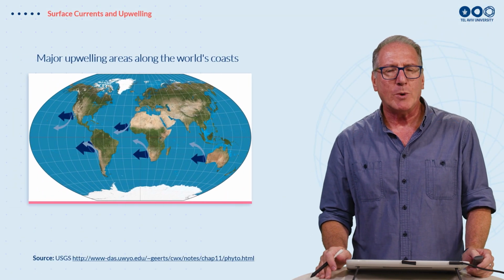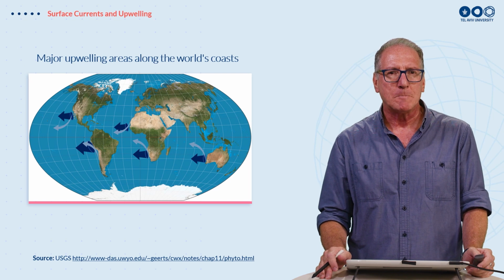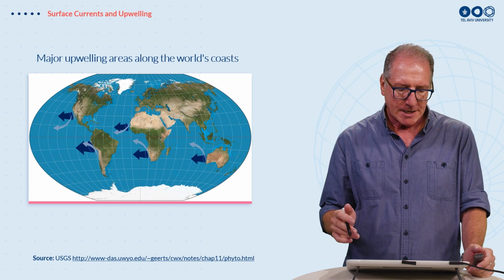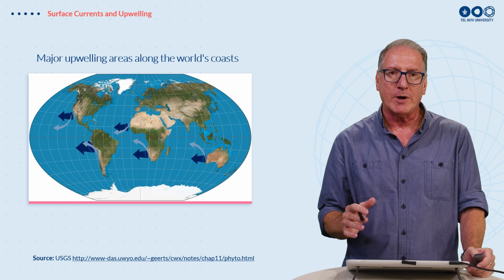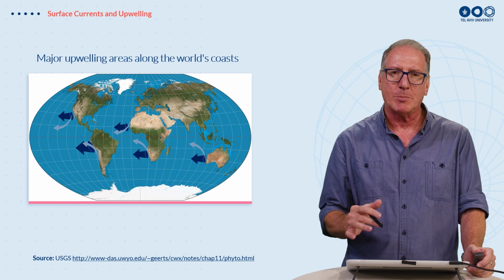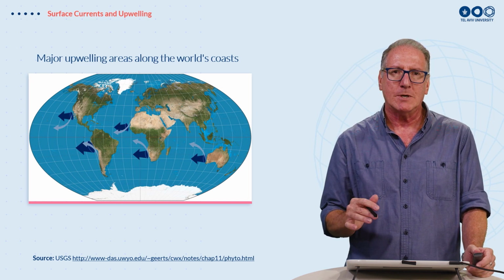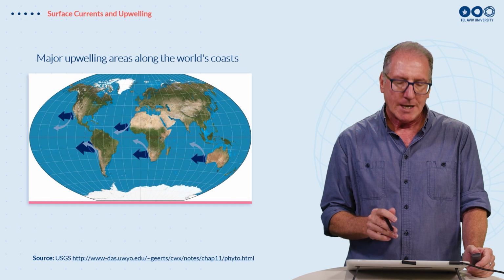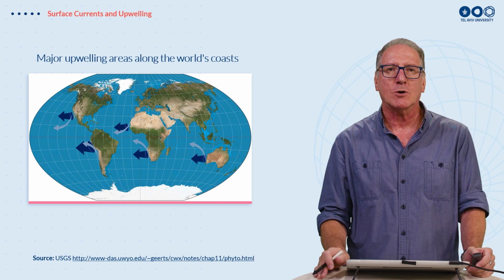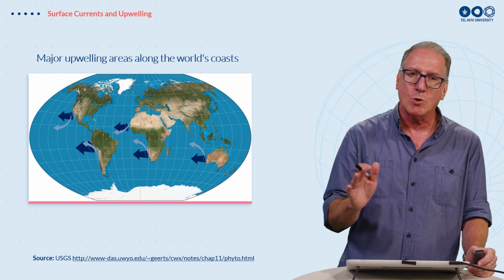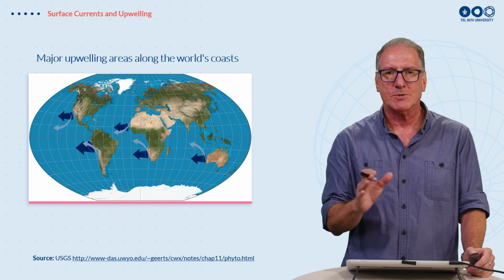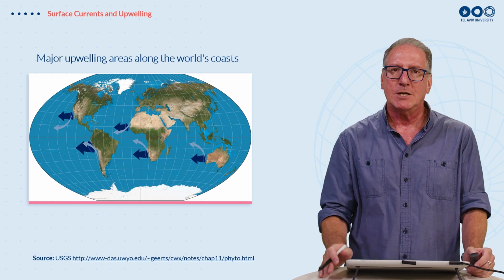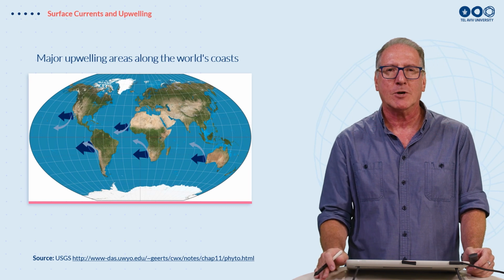So if we look globally at where we have these areas of upwelling, you can see here that, again, the winds are shown in the gray arrows. So in the tropical areas, we have the trade winds shown in gray, and the dark blue arrows show where we have this upwelling because the water is moving away at the surface, moving away from the continents, generally on the western side of the continents.